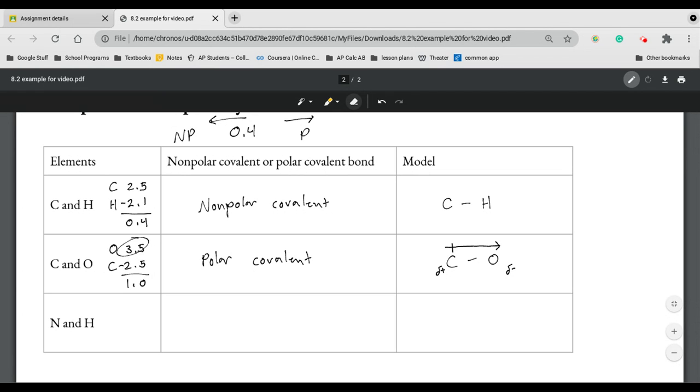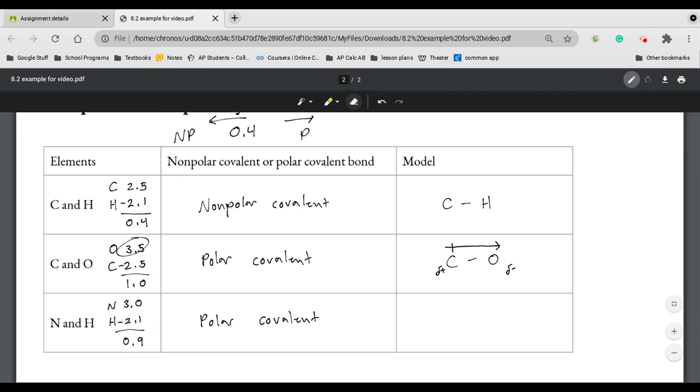Now our final example, with nitrogen and hydrogen. Nitrogen has an electronegativity of 3.0, and hydrogen has an electronegativity of 2.1. When you subtract them, you get 0.9, which is greater than 0.4, meaning that it is also a polar covalent bond.